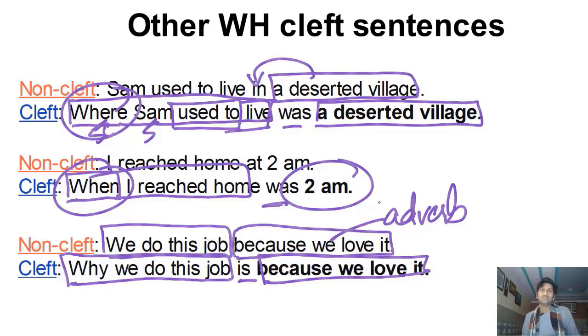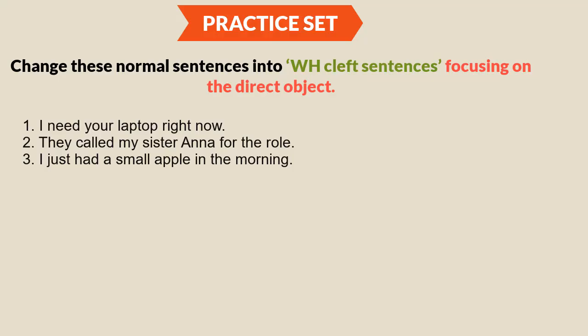Hey, why do you do this job? The reason why, I can also say, the reason why we do this job is because we love it. For time, I can say the time when I reached home was 2 a.m. For a place, we can say the place where he used to live was a deserted village, right?